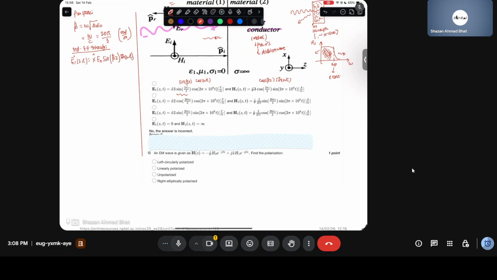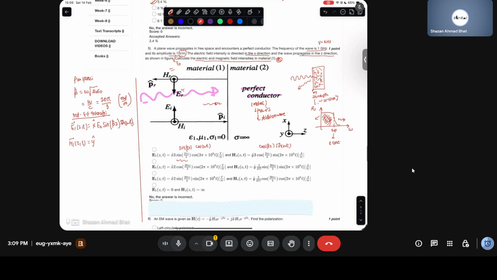Similarly, you can write the instantaneous magnetic field intensity, as the magnetic field is given along y naught. So you need to consider exactly this figure. You see that this is the incident wave and this is the reflected wave.